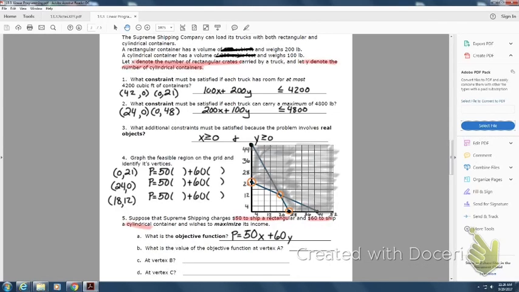Alright, Garrett, whenever you put 0, 21 in, what did you get? 1,260. Gracie, whenever you put 24, 0 in, what'd you get? And Zoe, whenever you put 18, 12 in, what'd you get? 1,620.